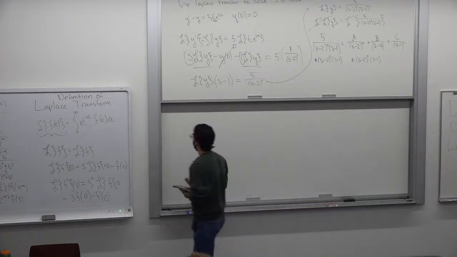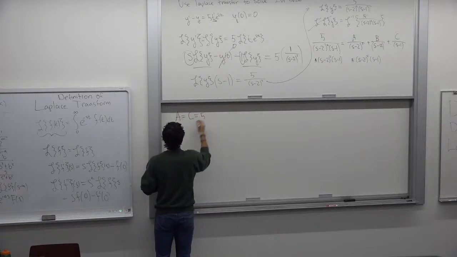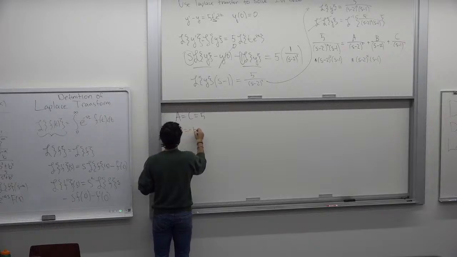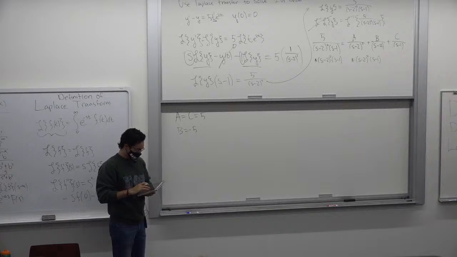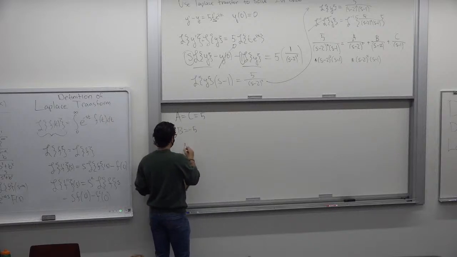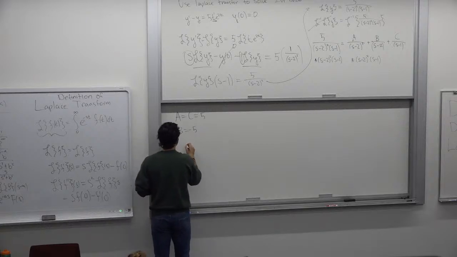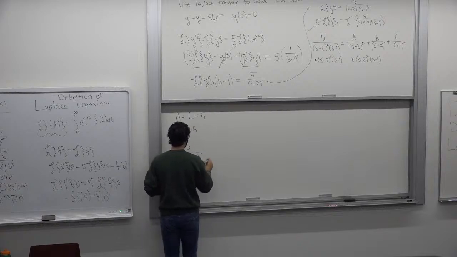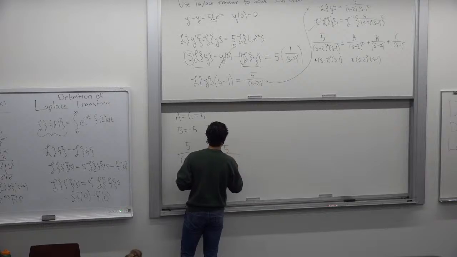All right. So you have a equals c equals 5, and b equals -5. So we had our a. So it was 5 over s minus 2 squared minus 5 over s minus 2.